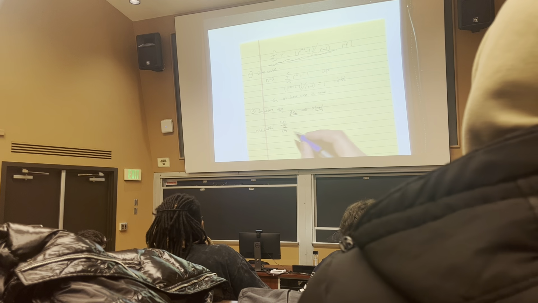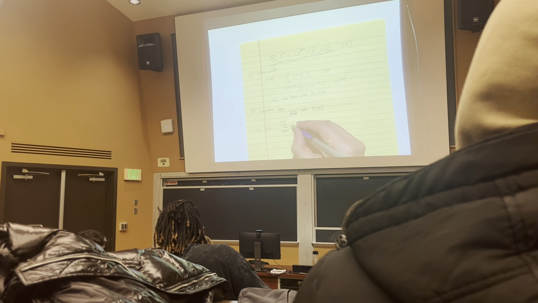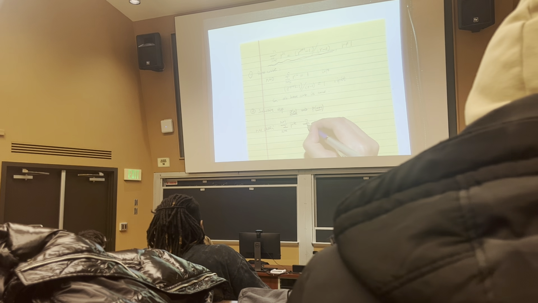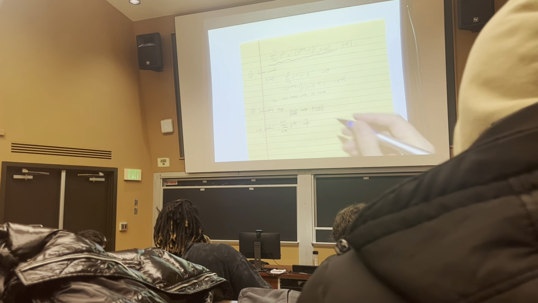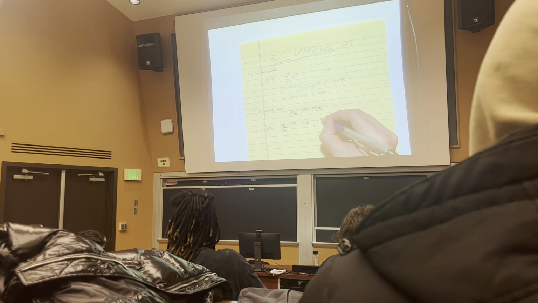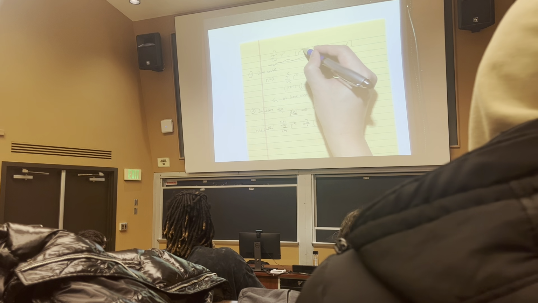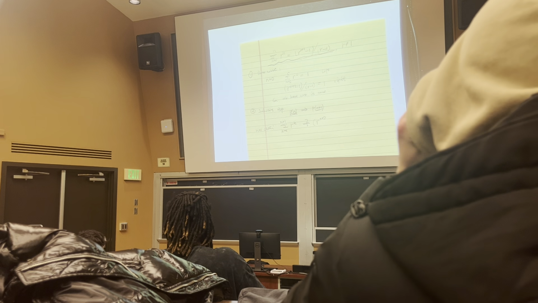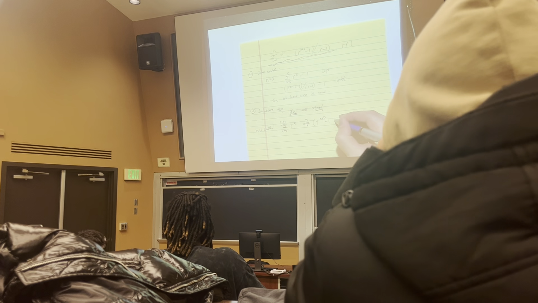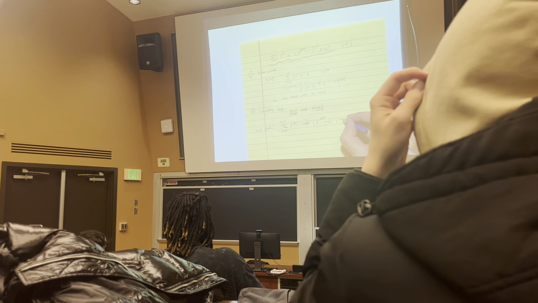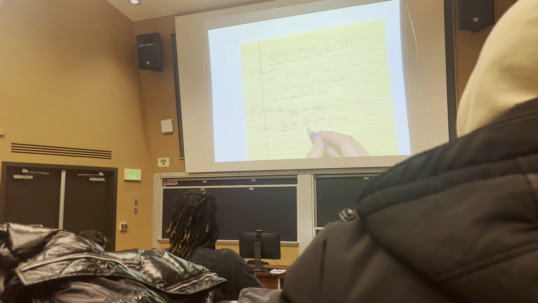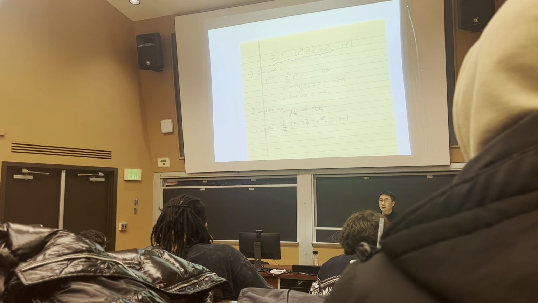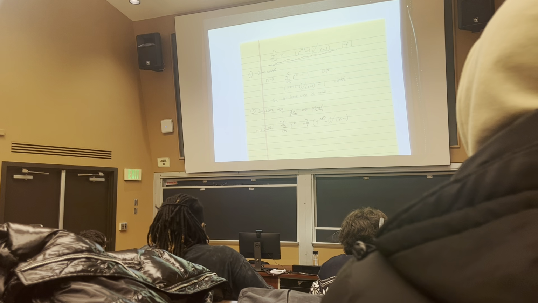For the n plus 1 case, from k being 0 to n plus 1, r to the k, we want to know, is this equal to r to the n plus 2 minus 1 over r minus 1? Because we are replacing the n with n plus 1. I'm using this tricky symbol to show that this is what we're trying to show. Is the left-hand side the same as the right-hand side?